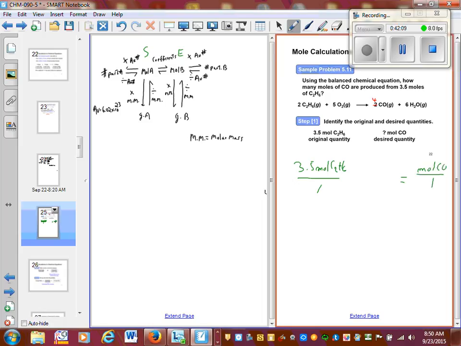So moles of B would be moles of CO. I came from moles of A, so that would be moles of C2H6. It says use the coefficient. So I look at the equation. What's the coefficient in front of CO? 4. So I would put a 4 there. What's the coefficient in front of ethane? 2.